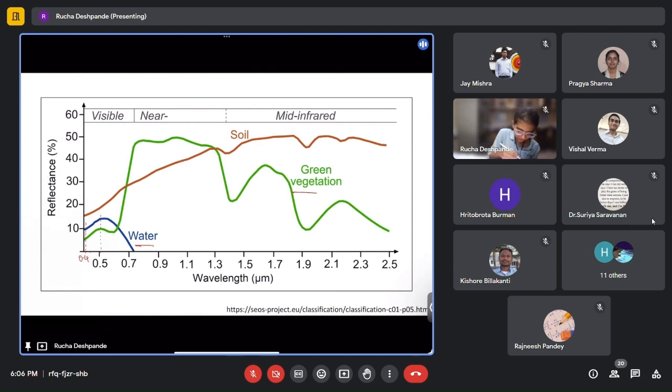In this wavelength range, which is band 2, we see that the difference between the reflectance of vegetation and water is very less. So in the image, we would expect very little contrast between the water and vegetation pixels.